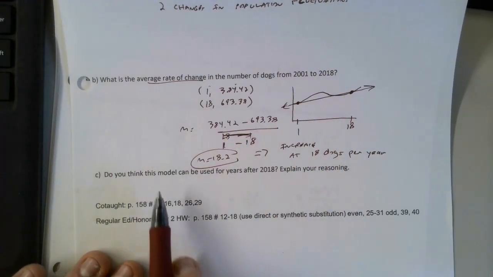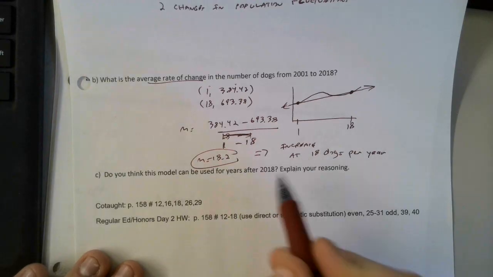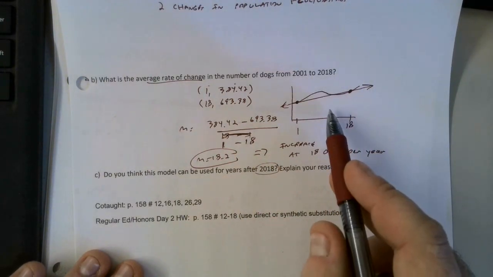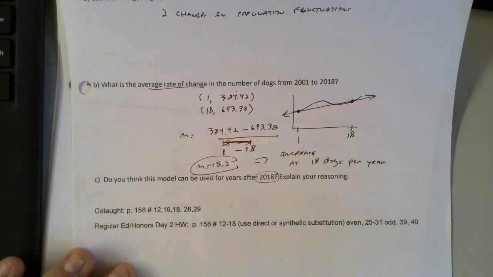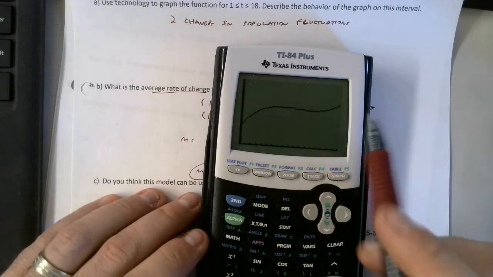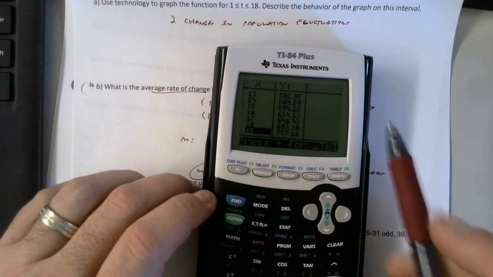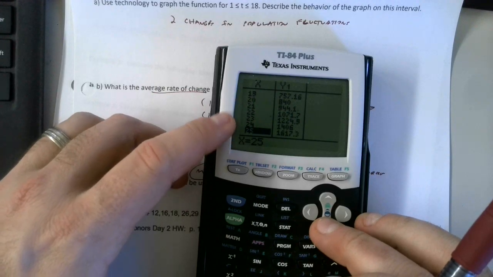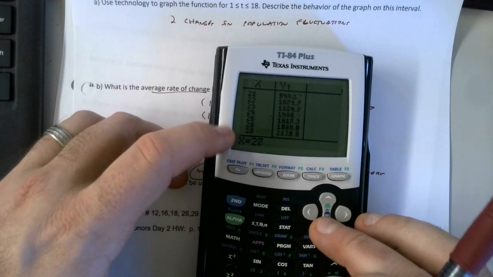Okay. Now, if you were going to say, do you think this model can be used after 2018? That's continuing afterward. If you look at your graph, guys, let's go ahead and notice, look at the table. It changes, but it's just not as consistent.